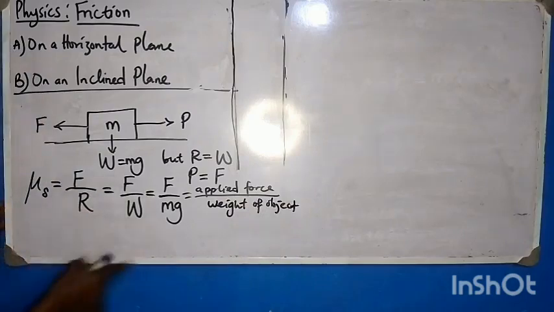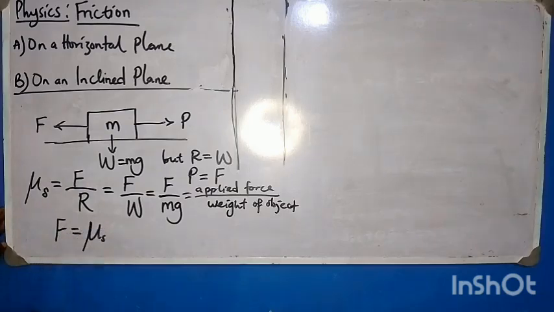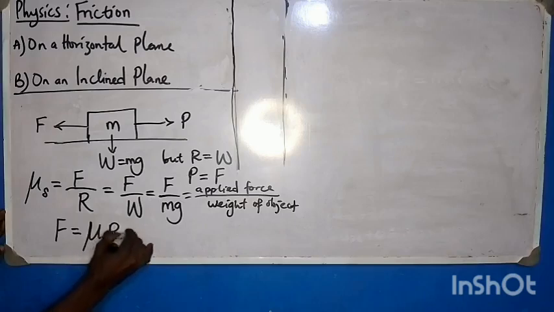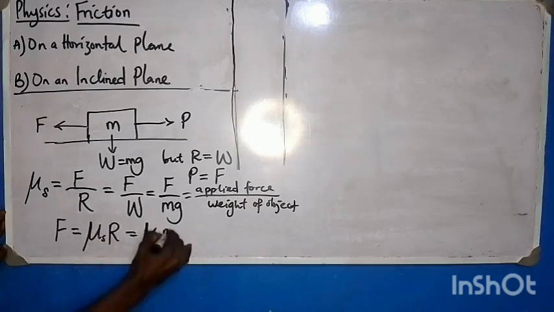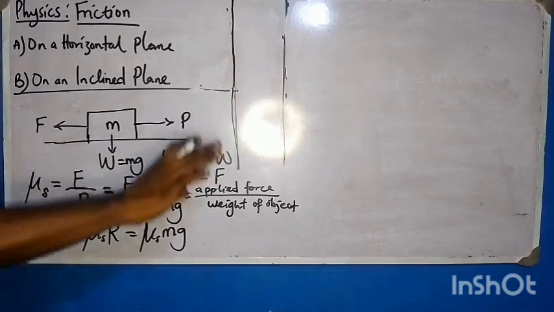So if we cross multiply the first case here, I'm going to have that my frictional force is equal to mu static friction times the reaction, or we can say mu static all times mg. Anyhow you want to use it. This is for the case when the body is still at rest in the horizontal plane.